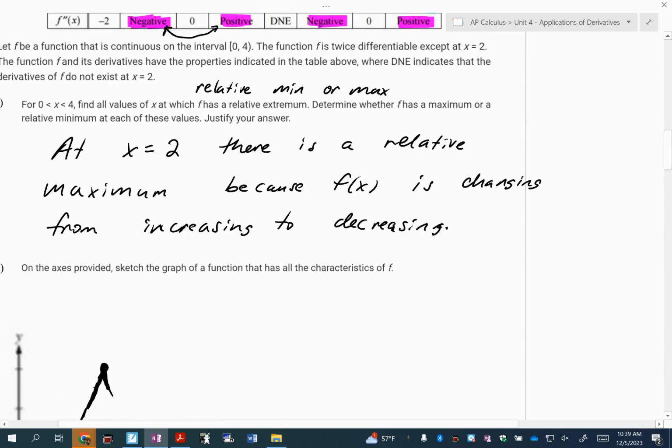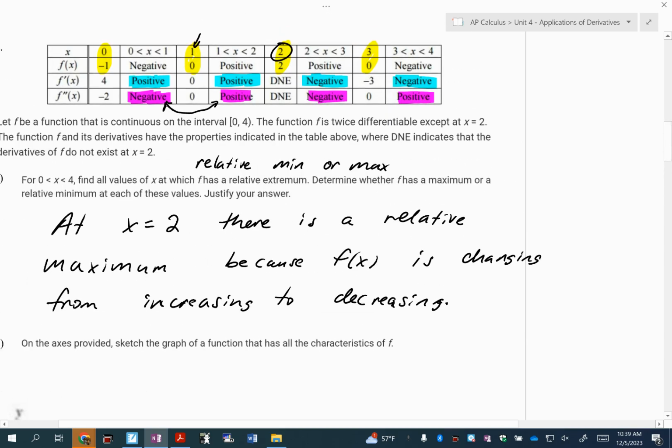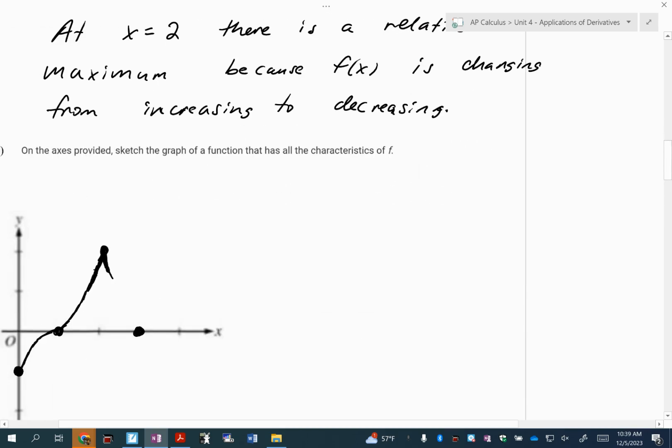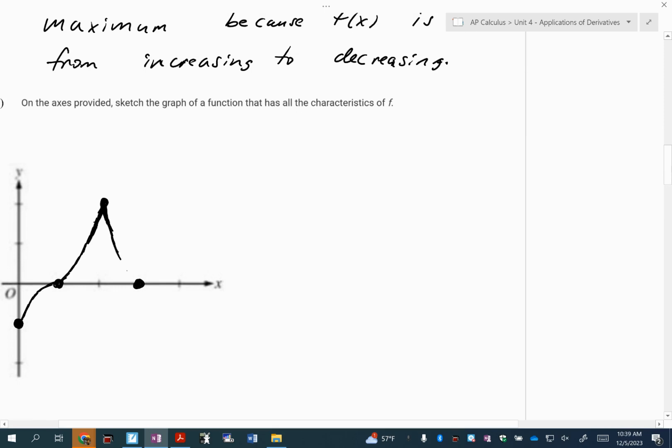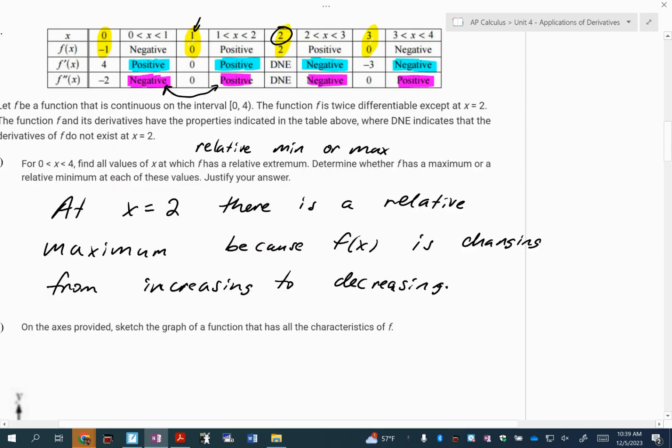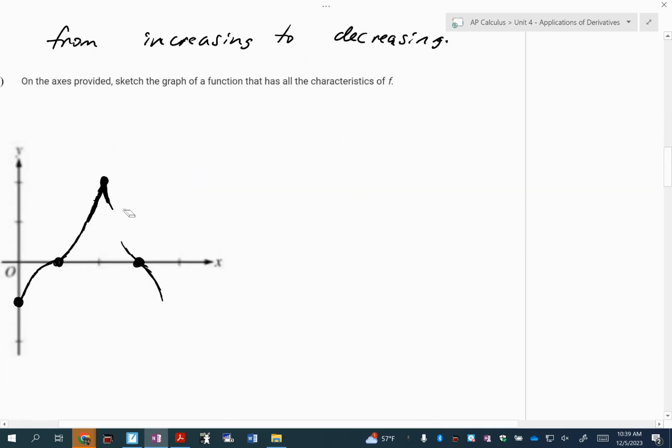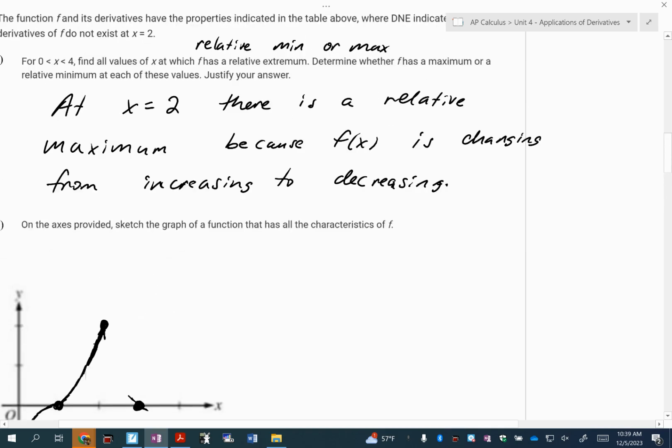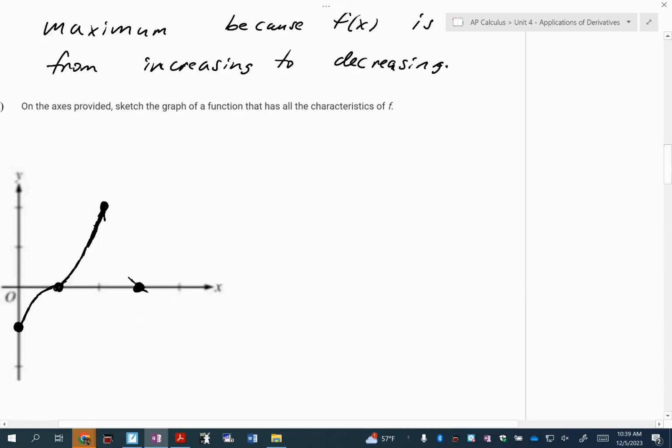And then we are decreasing all the way to the end, but we do have another point of inflection at x equals 3. So I'm going to try my best to give a little bit of a point of inflection. We should be getting, let me do it the other way, because we're actually concave down to concave up.